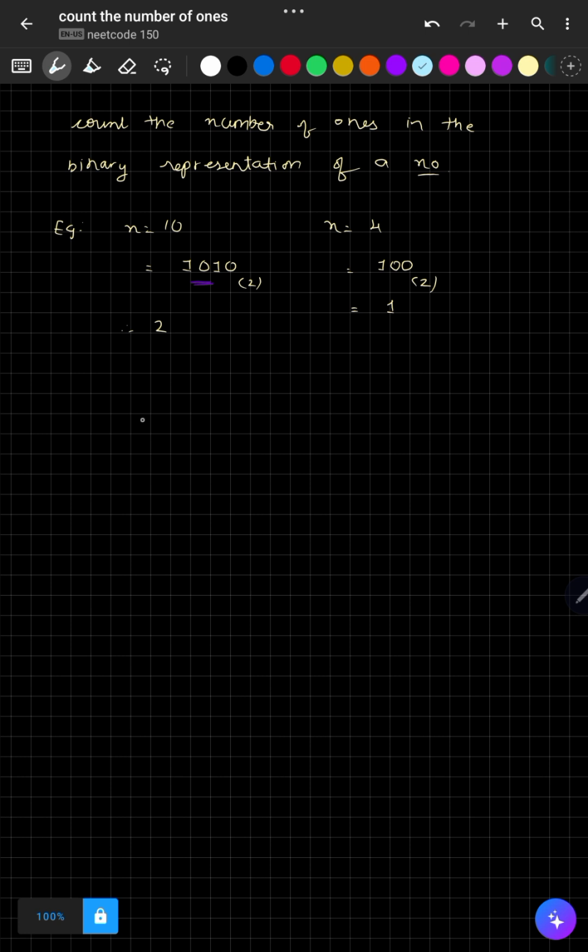And that is, suppose you have n equal to 10, and the logic is: answer is equal to 0. While n greater than 0, answer plus plus, n is equal to n AND n minus 1.